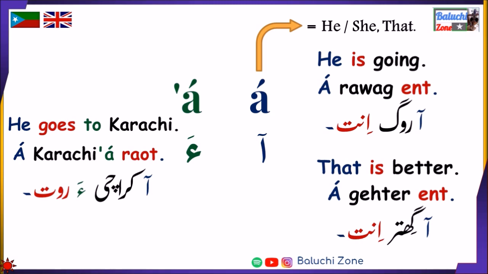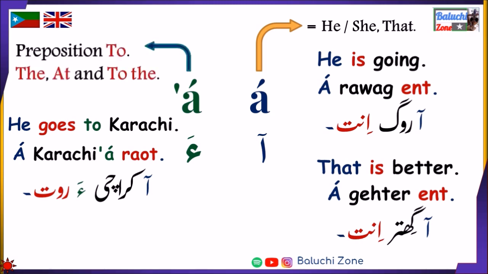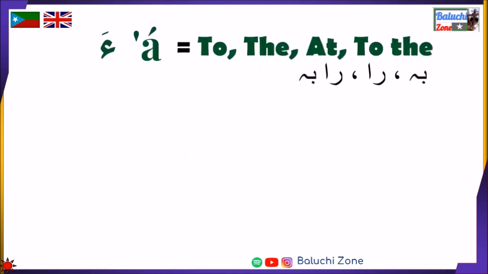However, there's more to this unique Á. It also translates as the, at, and even to the. Let us compare it to English. Let's translate a sentence with both to and the.